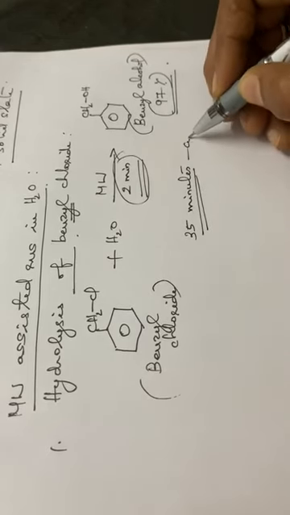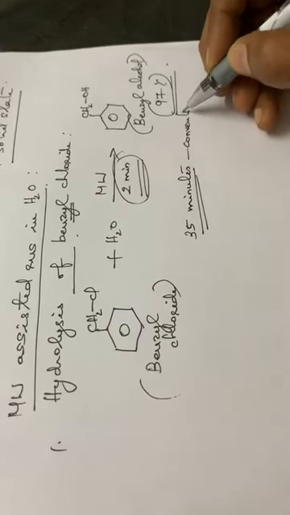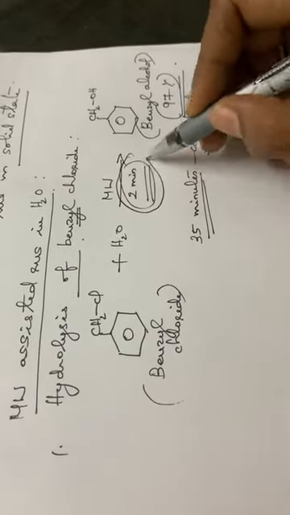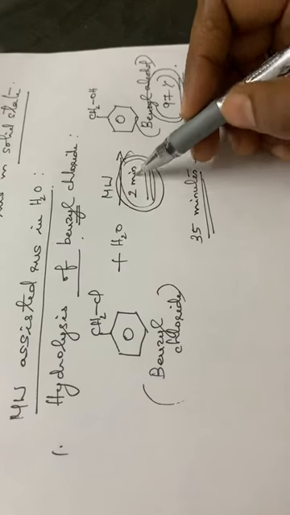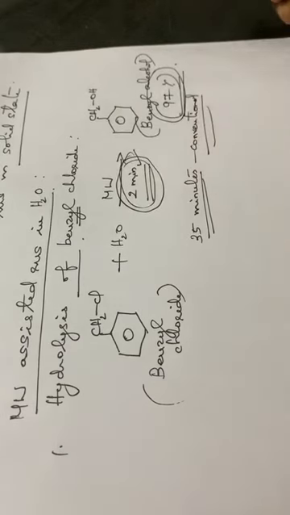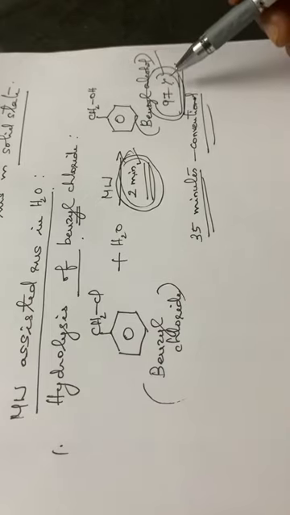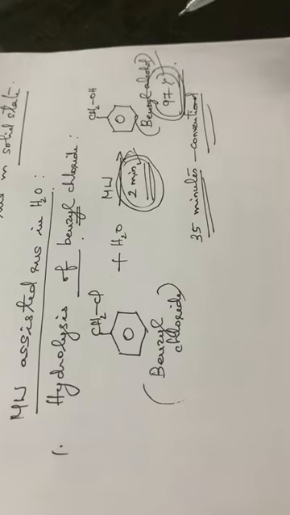Consider the time taken as well as the yield: about 2 minutes and 97%. So these are some of the advantages of microwave assisted organic synthesis. You can save time as well as energy, and the yield of the reaction will also be very high.